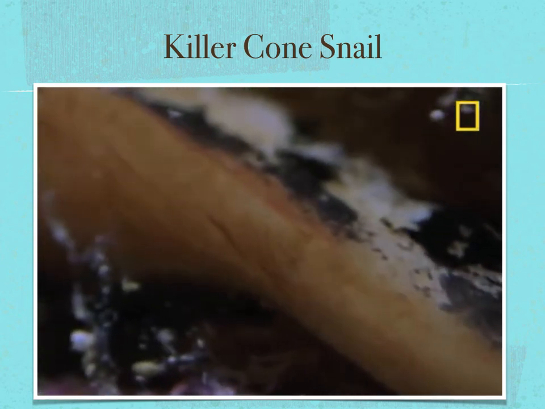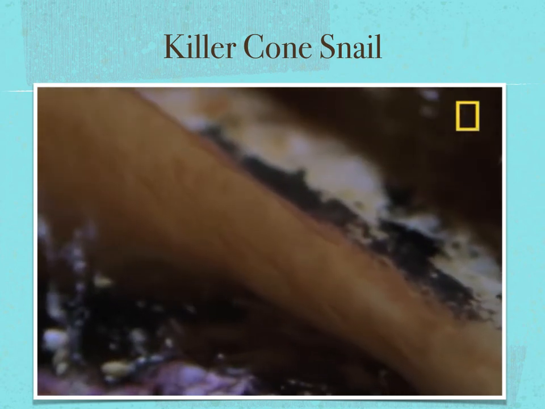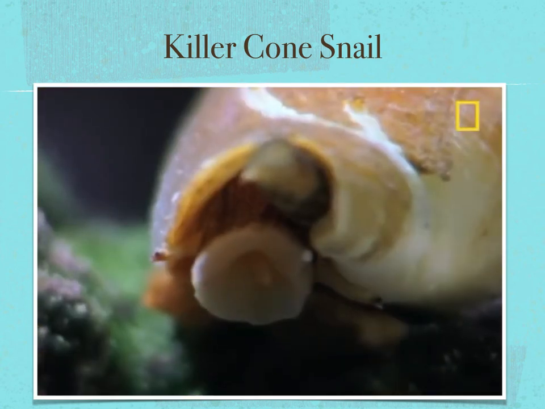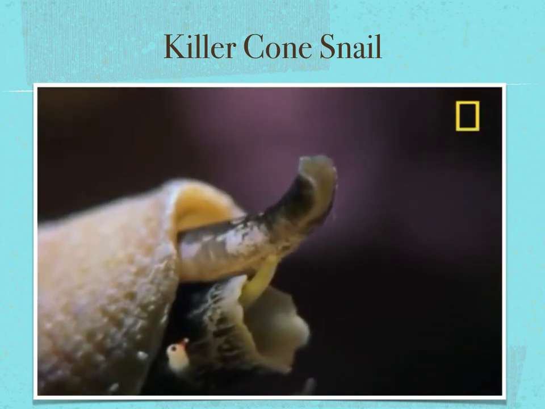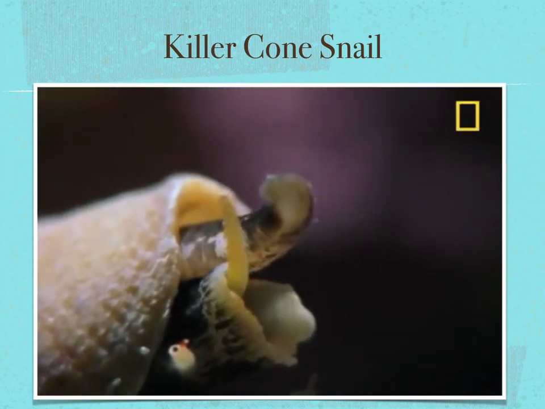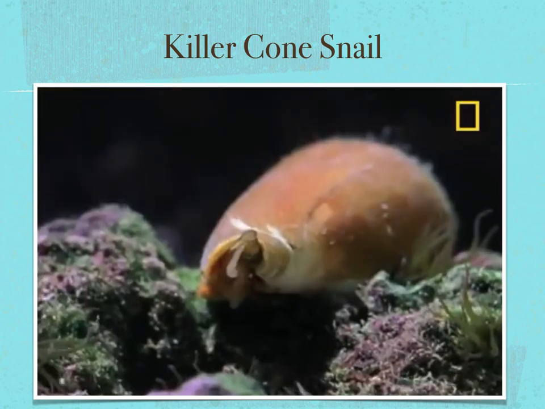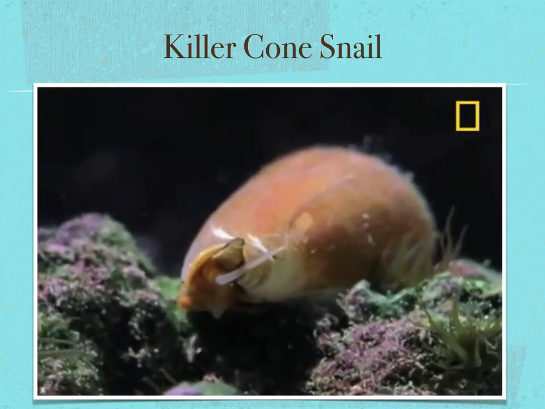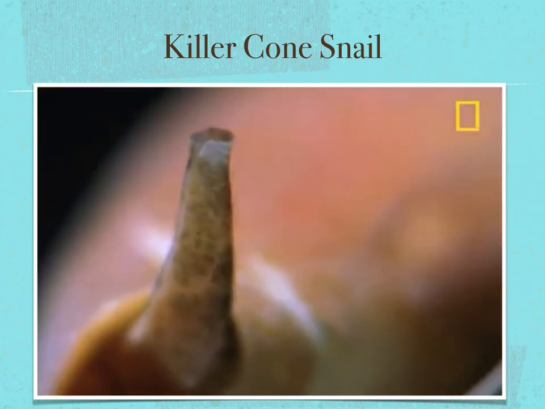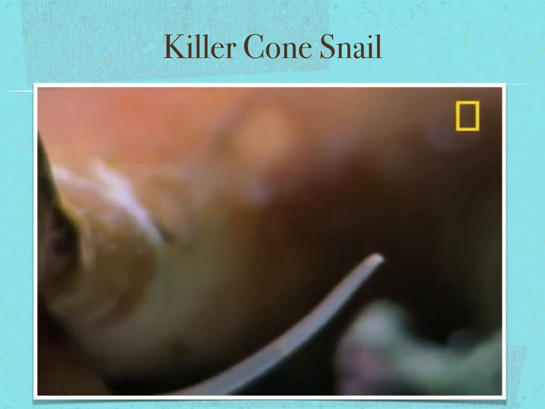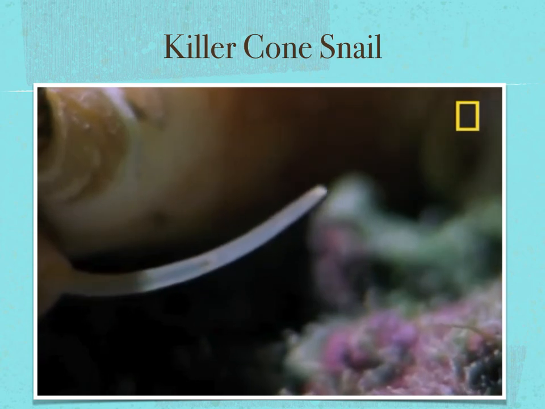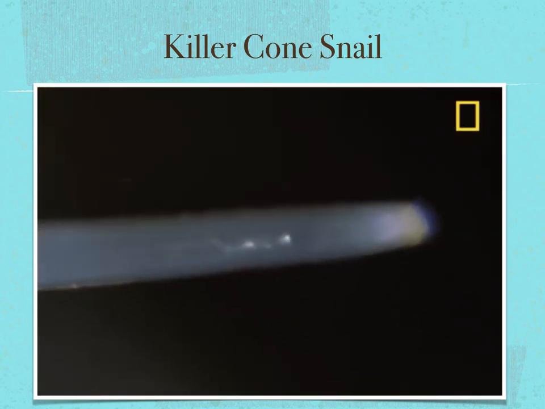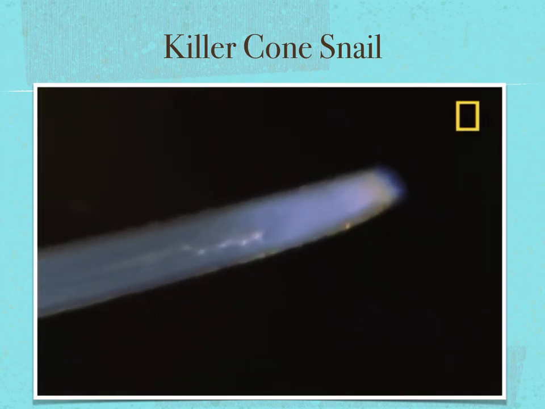Crawling along the ocean floor is a cone snail. It looks harmless, but appearances can be deceiving. Four tubes jut out from its shell. The long one at the top is a siphon, which it uses to inhale water and detect prey. The smaller ones on either side are its eye stalks, and in the middle, a deadly proboscis.